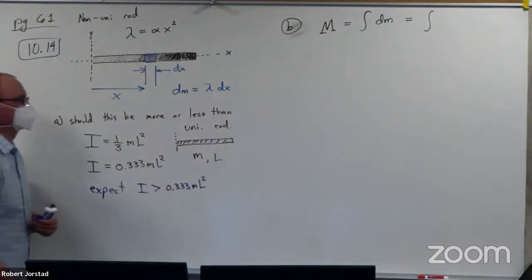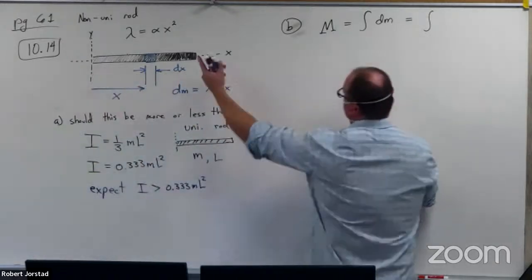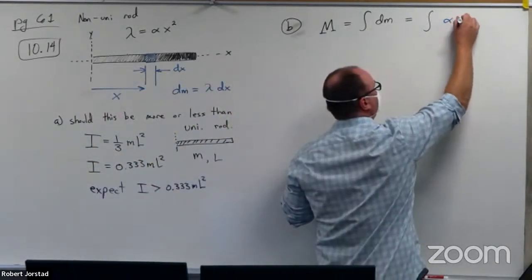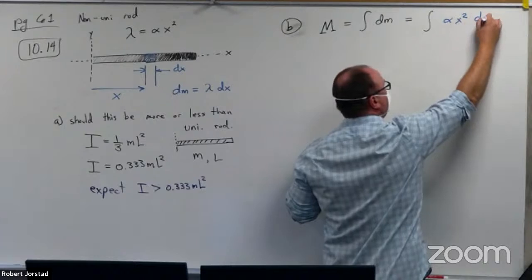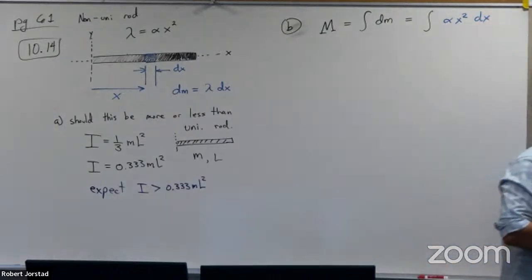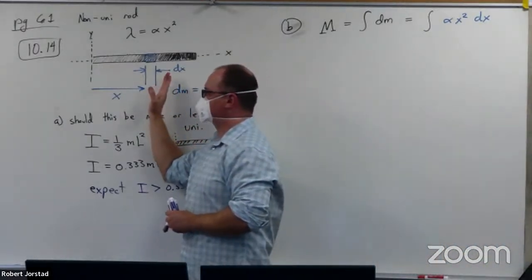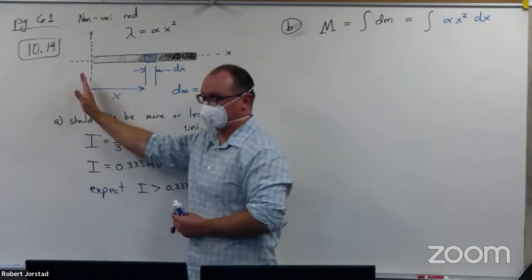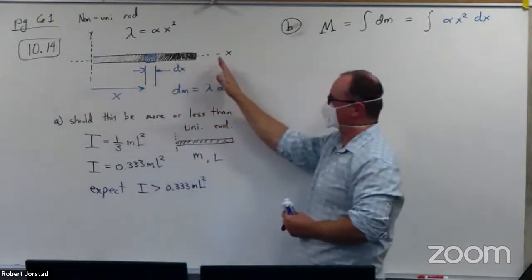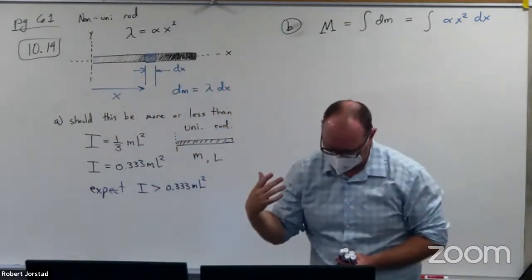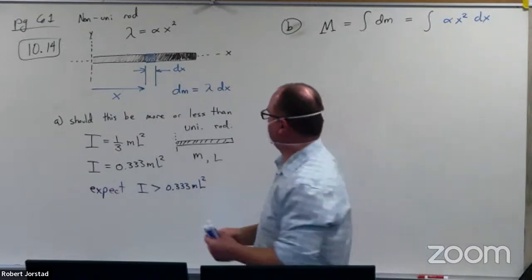Well, that's pretty easy. Lambda dx is alpha x squared dx. What are the limits? What is the leftmost value of x I can achieve? 0. What is the rightmost? Did it say? It says the rod has length L.